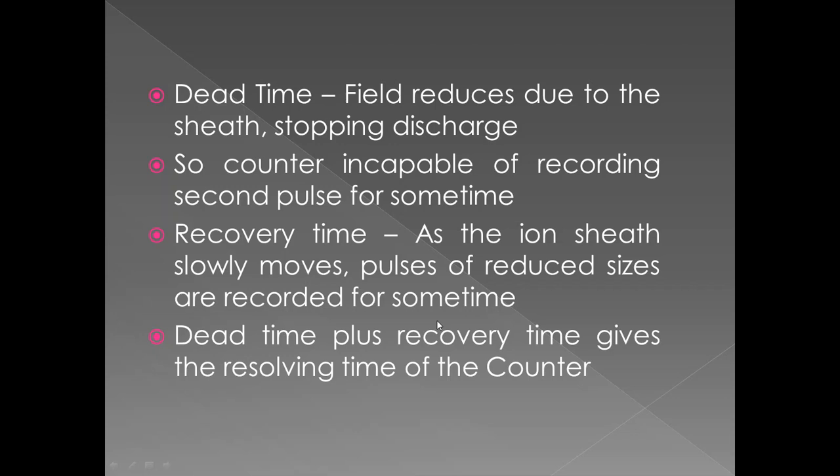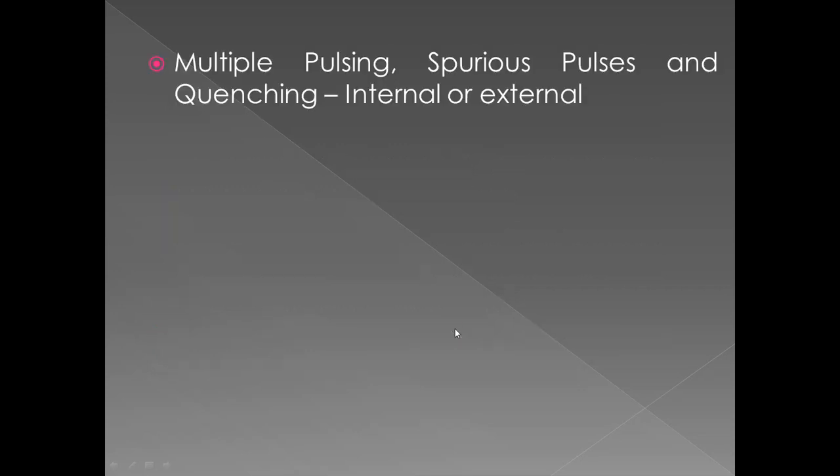But the important point here is that when a particle enters the chamber or the GM tube, the magnitude of the pulse produced is independent of the energy and the nature of the ionizing particle. The current pulse that is produced creates a corresponding voltage pulse across the resistance connected in series with it. This voltage pulse is fed to a pulse amplifier through a capacitor.